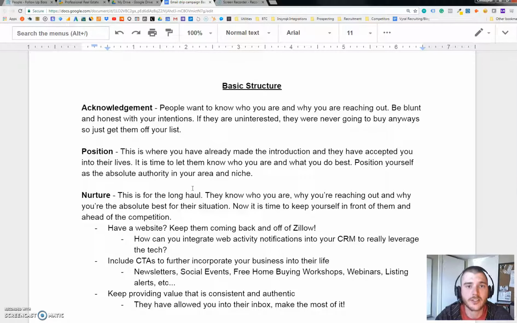Also include call to actions. You're going to have to plan out these drip campaigns, especially the nurture portions of them. This is going to be an ongoing process. So try to get them to maybe subscribe to your newsletter that's different than this drip campaign. It includes more pertinent information, more focused. Try to invite them to social events utilizing Facebook and Eventbrite.